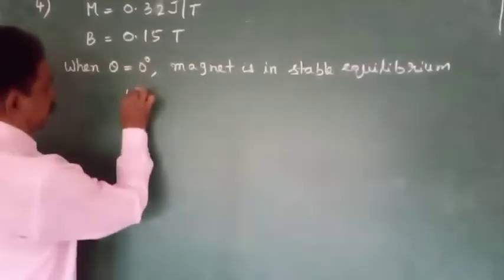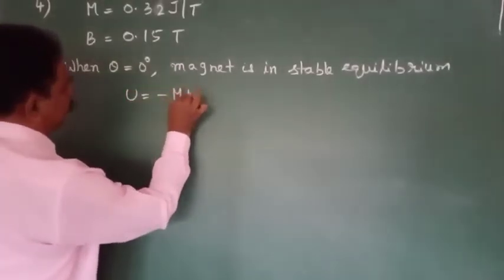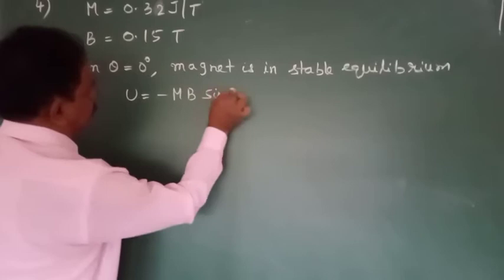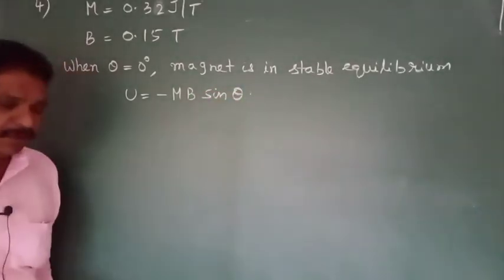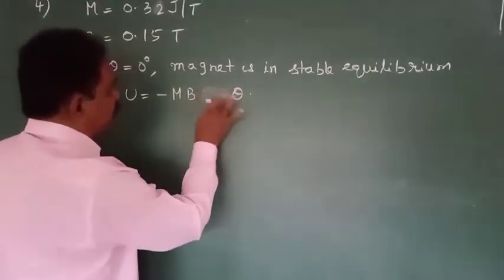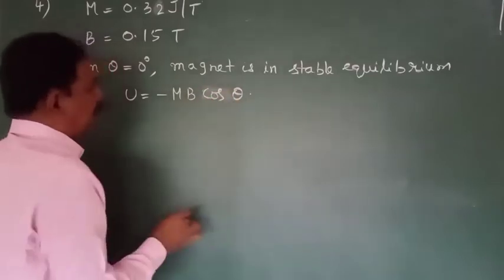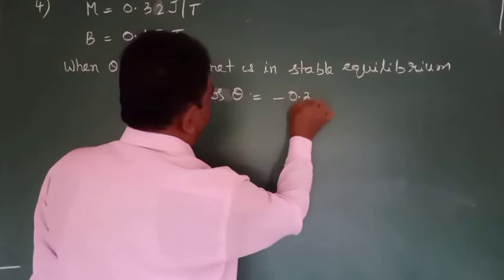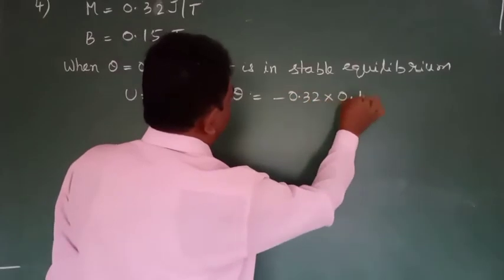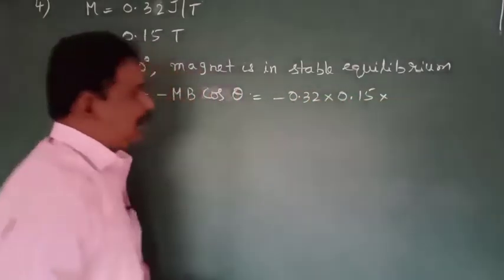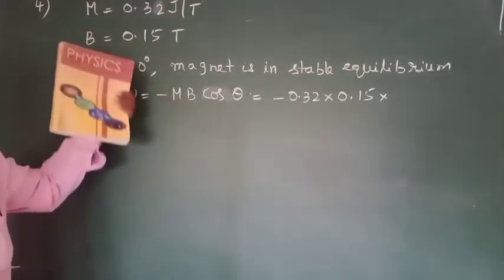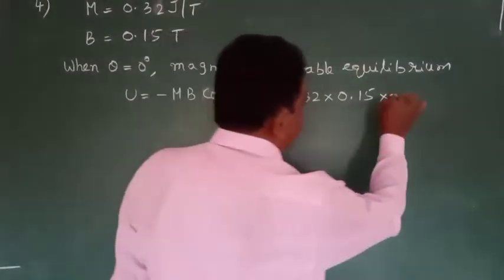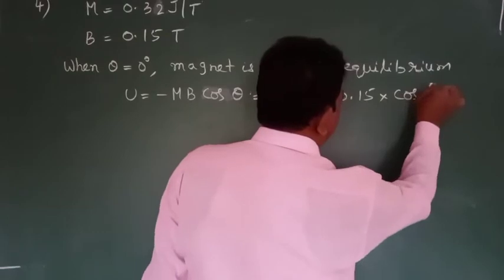The potential energy formula is U equal to minus mB cos theta. So substitute the values here. This is equal to minus 0.32, B value 0.15, cos 0 degrees. Cos 0 degrees is 1.